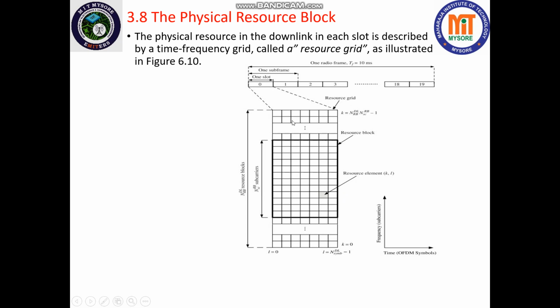Here one block is there. Above this another block might be there, beside this another block might be there, and below this another block might be there. There will be a number of blocks, vertically: this is one block, this is another block, likewise a third block, a fourth block. So there are different numbers of blocks depending on the number of subcarriers we can utilize in the particular bandwidth.